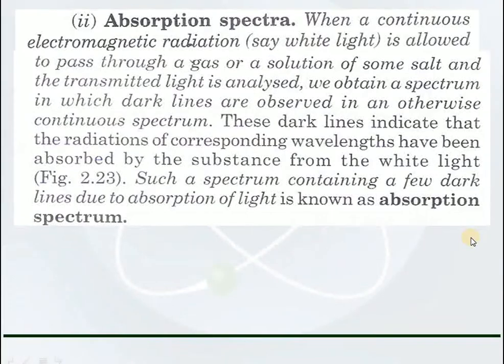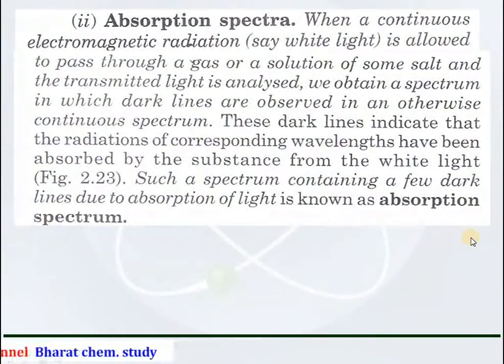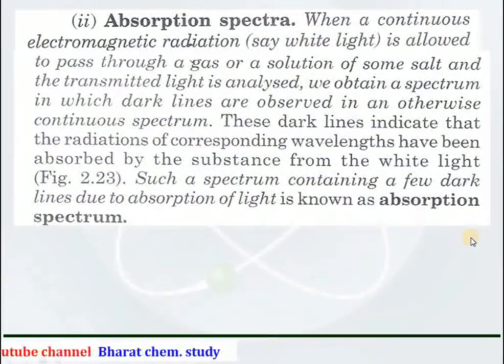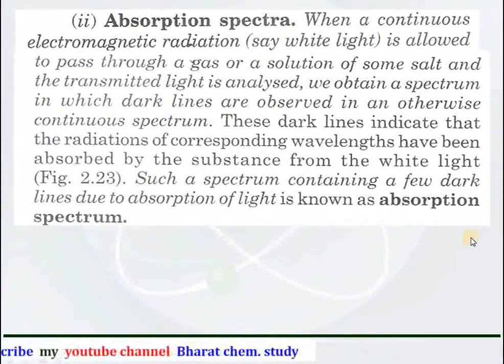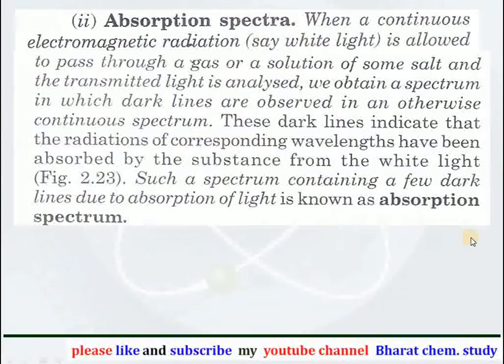The meaning of this is that because we are using white light, we should obtain a continuous spectrum, but because the substance through which the light is passed absorbs some part of the light, we get a discontinuous spectrum. These dark lines indicate that radiation of the corresponding wavelength has been absorbed by the substance from the white light. Such a spectrum containing a few dark lines due to absorption of light is known as an absorption spectrum.